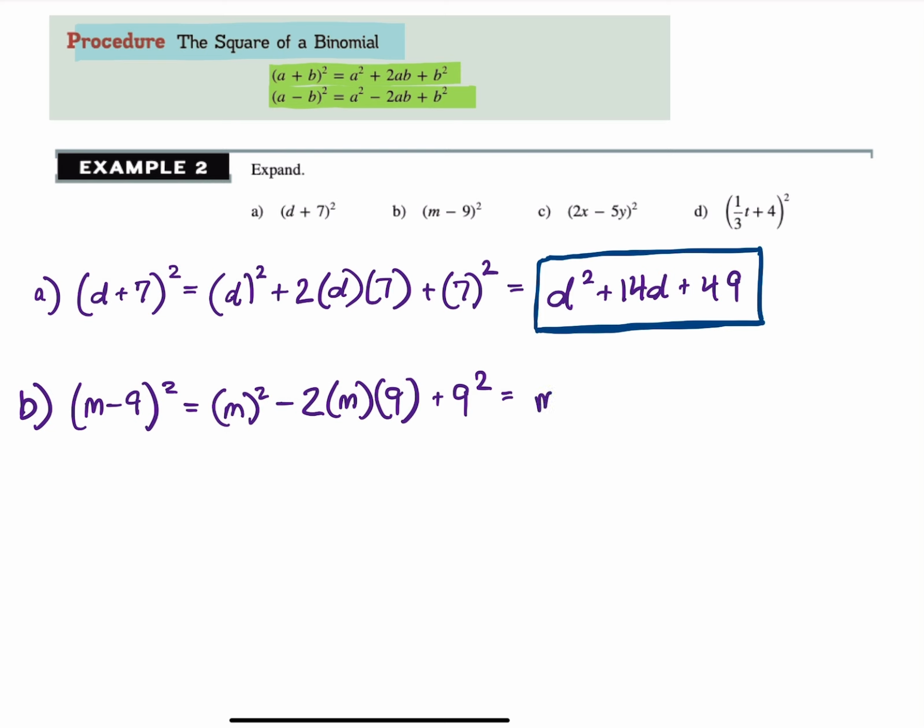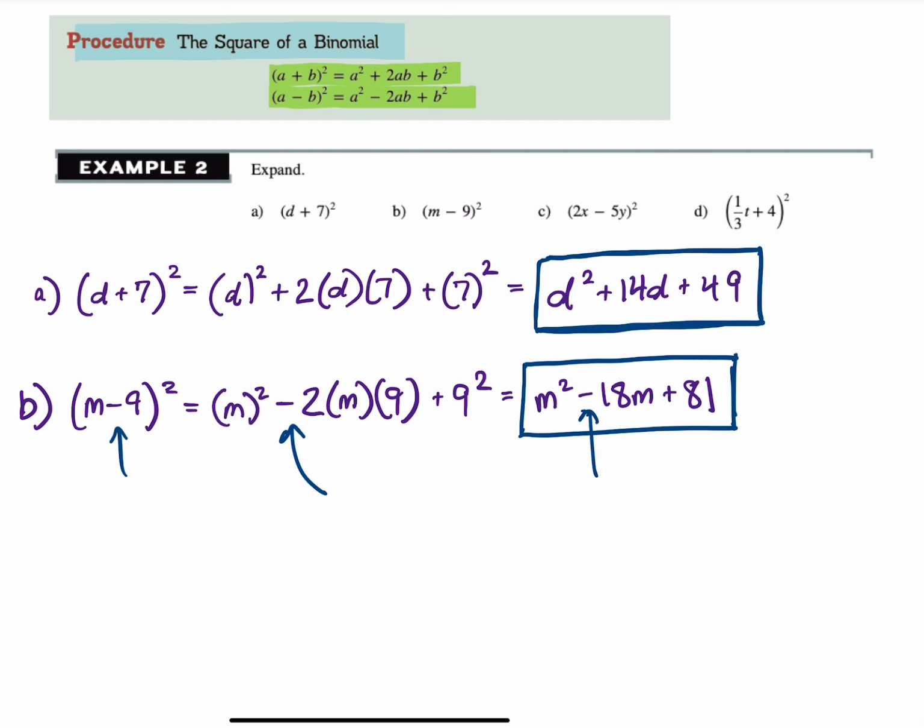So that will give us m squared minus 18m plus 81. So if you have a minus here, everything's the same as having a plus except for this middle term becomes negative. Our other two terms will stay positive.